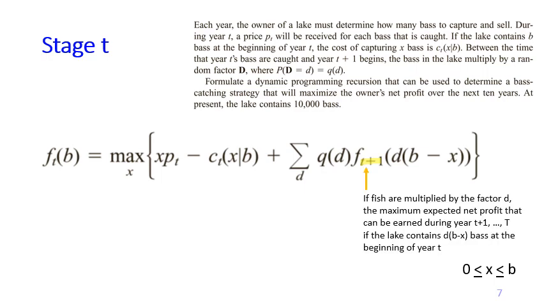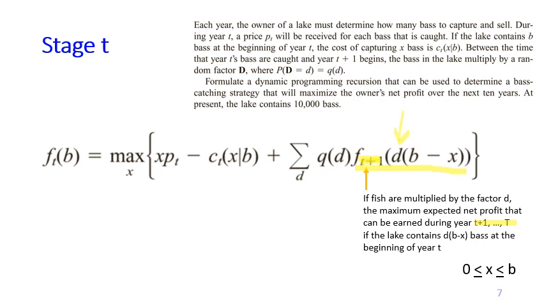Now here it says that if the fish are multiplied by the factor of d, it means that this thing here, f(t+1)(d times (b minus x)), is the maximum expected net profit that can be earned during year t plus 1 up to big T if the lake contains d times (b minus x) bass at the beginning of year t plus 1.